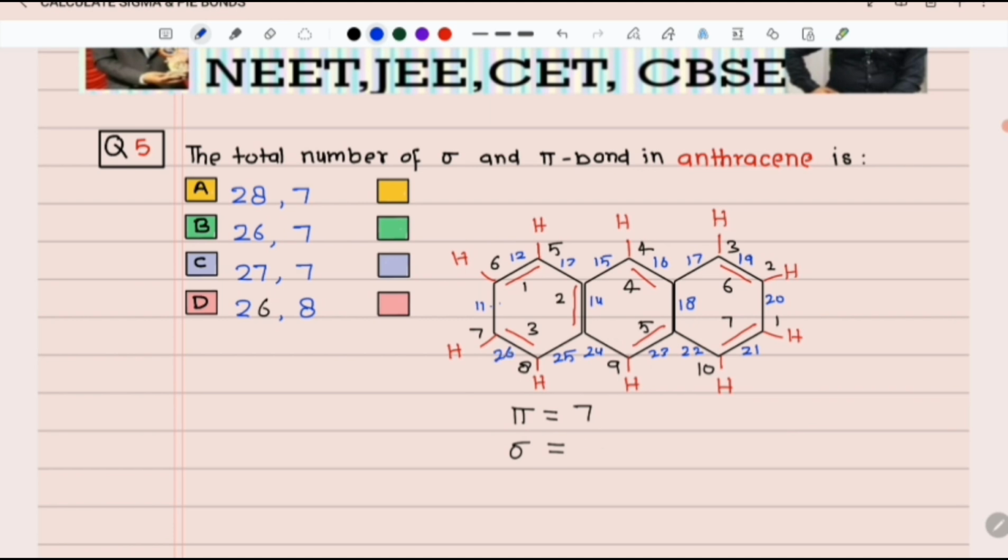So there are 26 sigma bonds. So the sigma bond count should be 26.